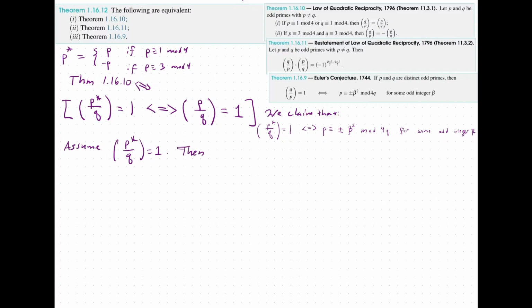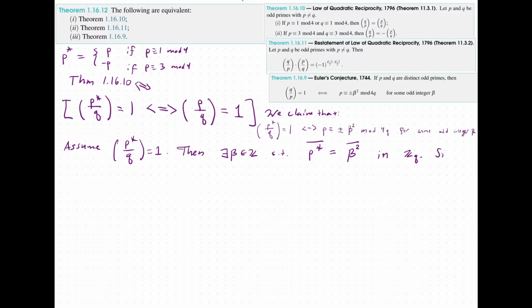Then that means that P star is a perfect square, a quadratic residue of the integers modulo Q. So then we have that there exists some integer beta such that P star, and so these congruence classes are modulo Q, the congruence class of P star is equal to beta squared, that congruence class, in the integers modulo Q. But now we want to look at minus beta or beta. And so the claim is that beta can be chosen to be odd.